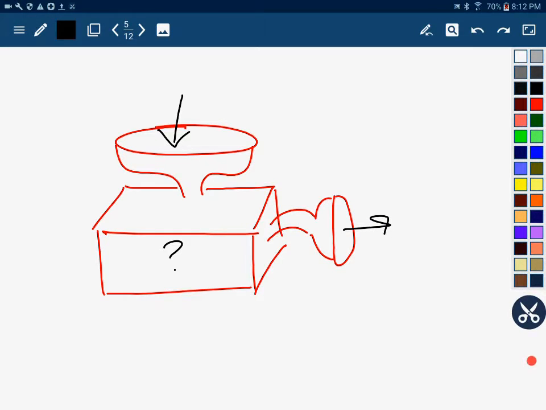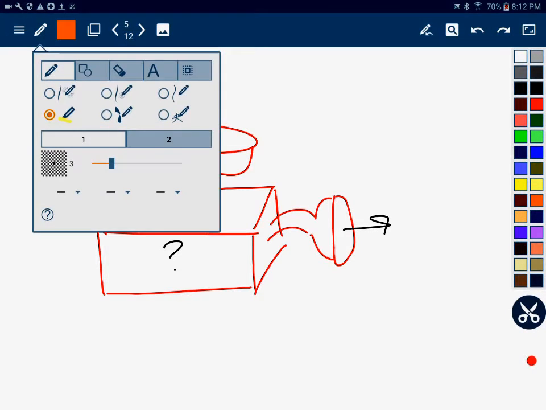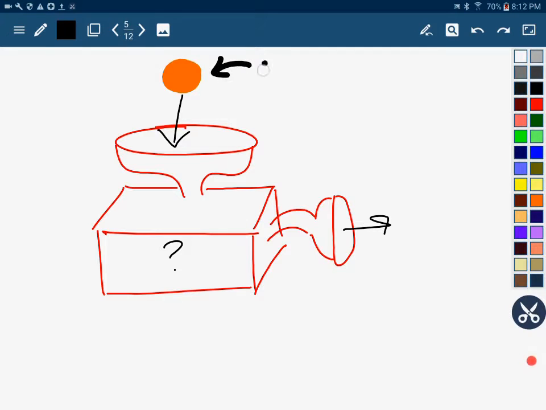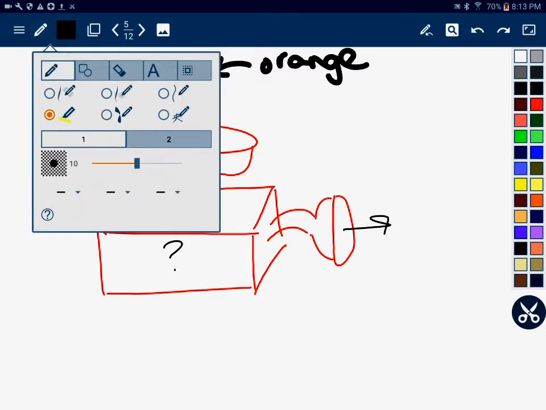So think of like a juicer. If I were to put an orange, okay, so here's my lovely orange. Okay, if you can't tell, I'll even label it. That's an orange. Okay, if you put an orange into a juicer, then out will pop orange juice.